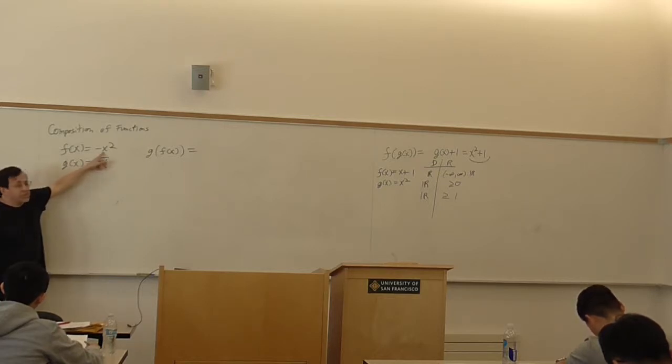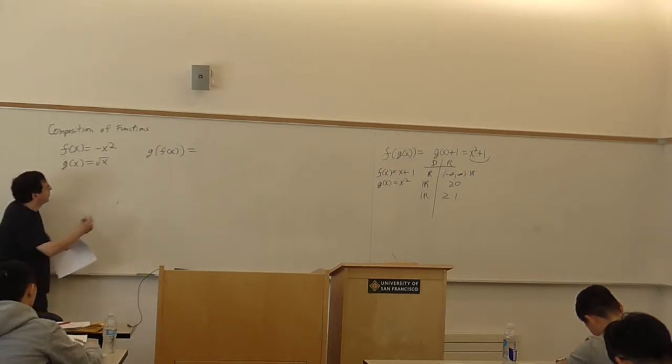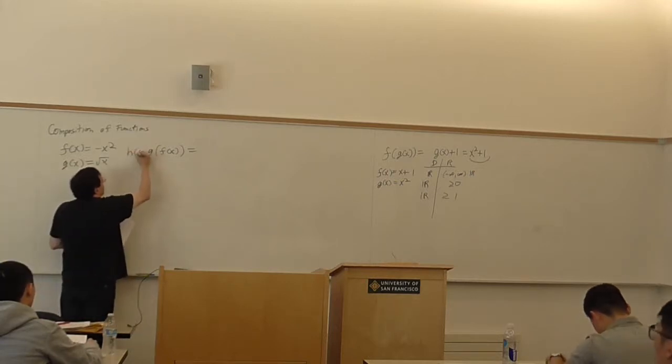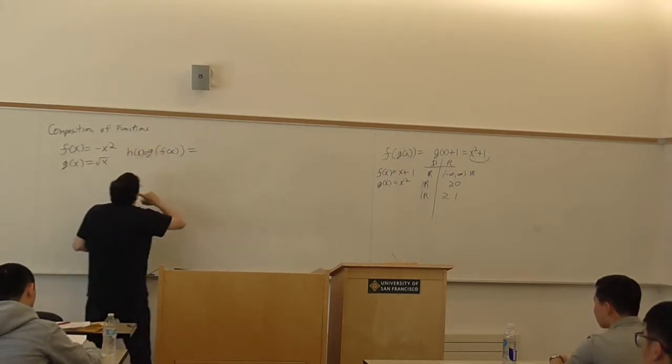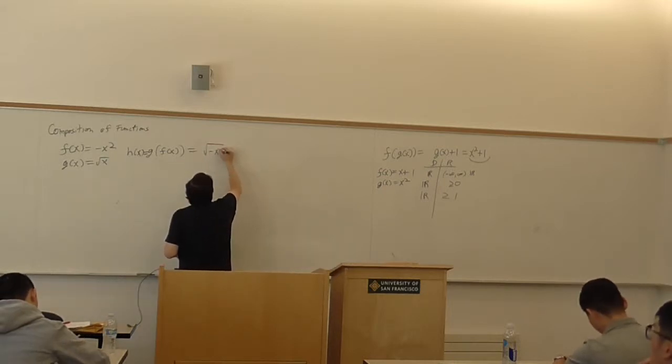The range on this is negative numbers and 0. The range on this is positive numbers. Okay. So let's find the algebraic expression for the rule for h of x.